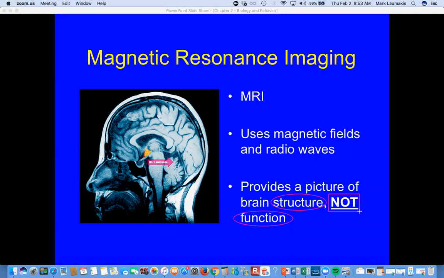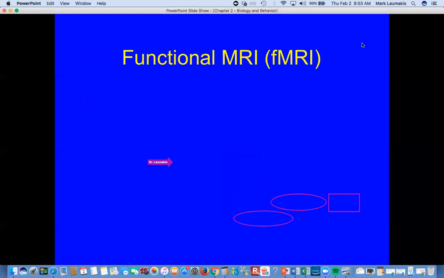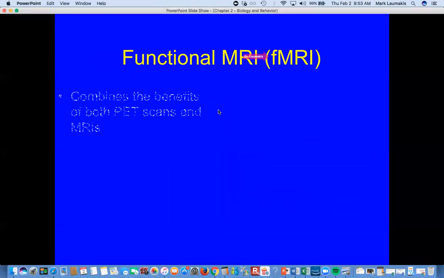Is there a way to sort of get the best of both worlds, have your cake and eat it too, and see both the underlying structure as well as the functioning of those different structures? It turns out that there is a way to get all that, and the way that you get all that is you do an fMRI, which has this crazy acronym of lowercase f, and then capital MRI. I don't know why it is that way.